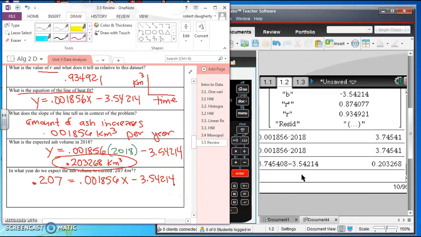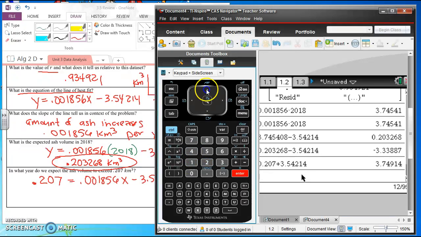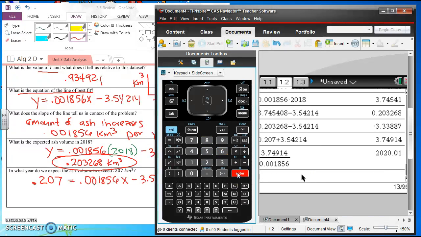So solving that equation for x, if I come over to my calculator, 0.207, and then add 3.54214, equals, so take that number and divide it by 0.001856, equals, and that's 2020.01.